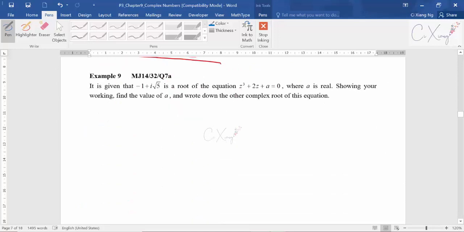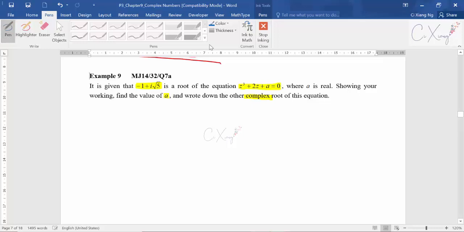Okay, if we have a look at example 9, I think it is quite similar to what we learned just now. They already tell you that this is one of the roots of this equation. They want you to show the working, find the value of A, and write down the other complex root.